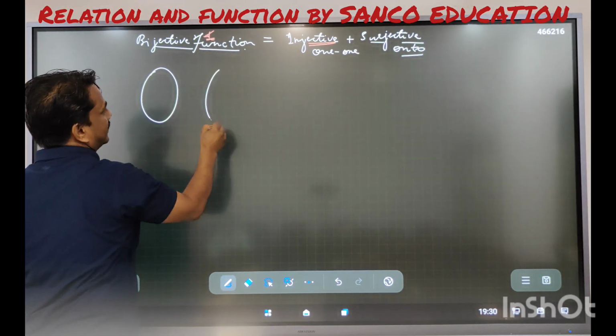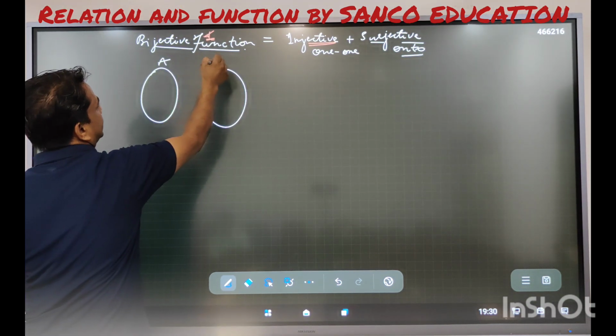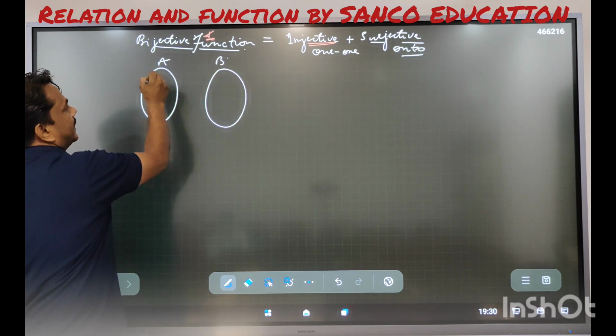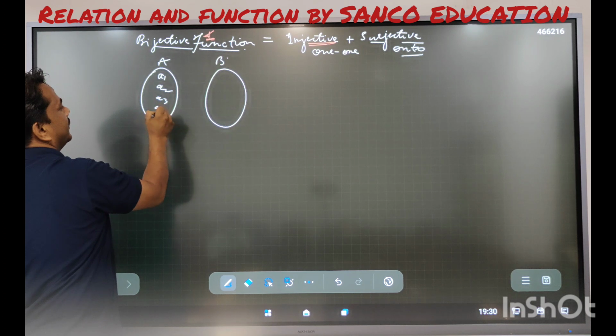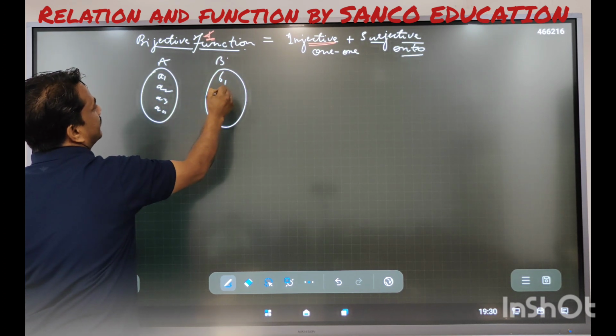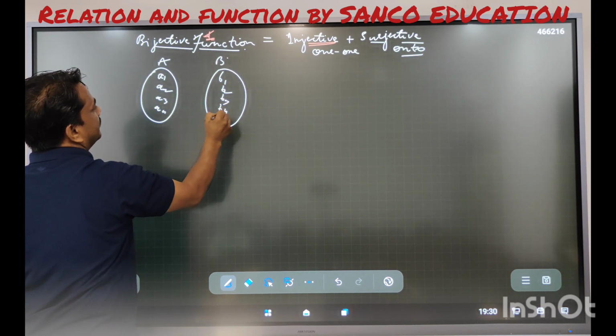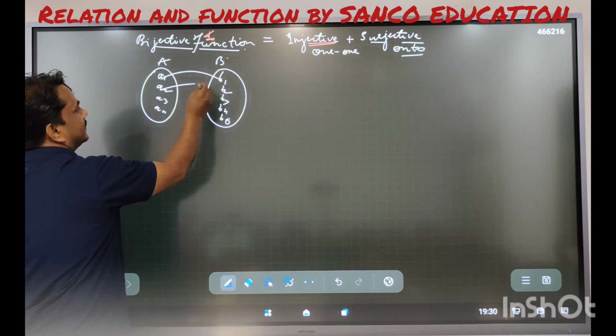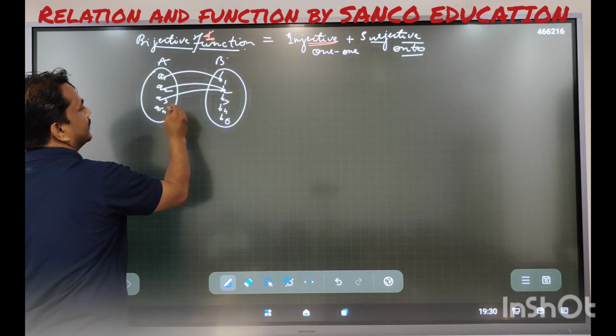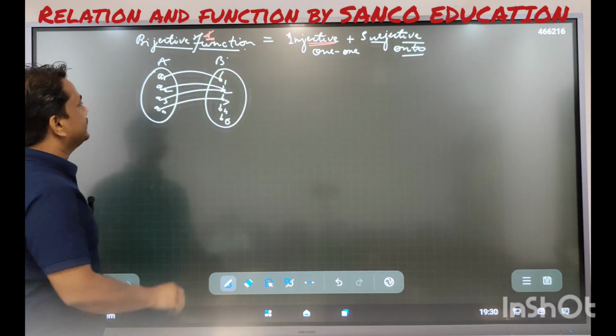Here is a set. A very familiar example I am using here to explain that. Here the elements are A1, A2, A3, A4. Here the elements are B1, B2, B3, B4, B5. Could you see that here?